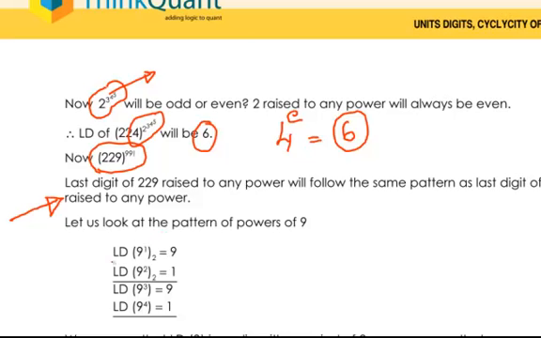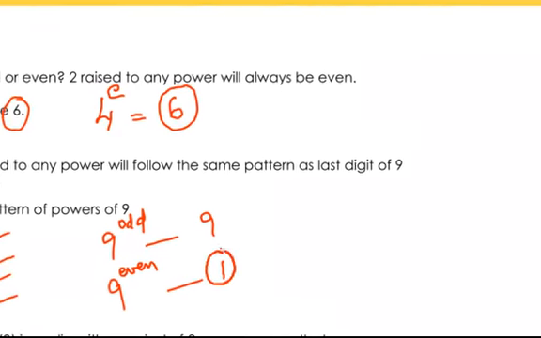So let's go back and check what happens with the last digit of powers of 9. 9 power 1, 9. 9 power 2, 81. 9 power 3 again ends in 9. 9 power 4 ends in 1. So 9 when raised to an odd power will end in 9, and 9 when raised to an even power will end in 1. This is what we know.